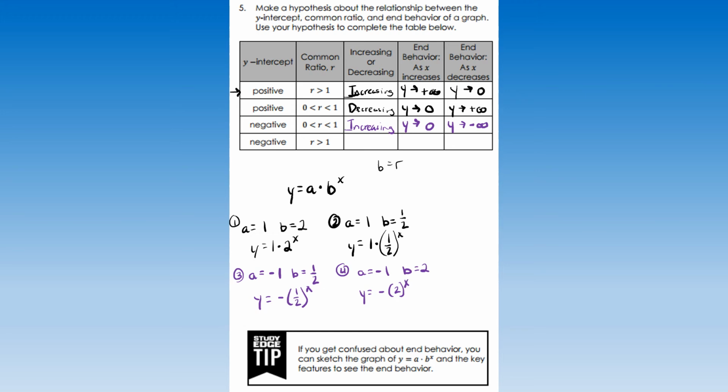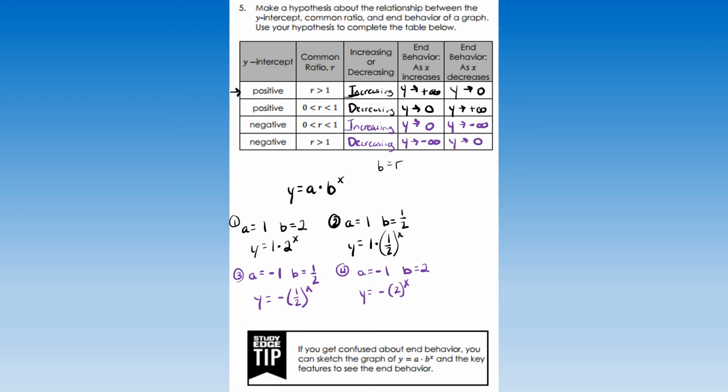Well, overall, that graph was decreasing. As x got bigger, y got smaller and headed towards negative infinity. And as x decreased, as x got smaller, y actually increased and headed towards 0.